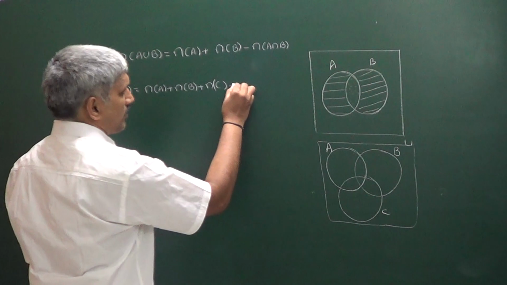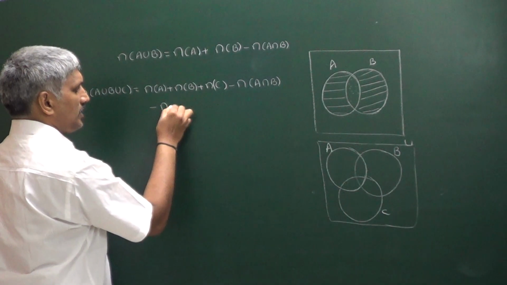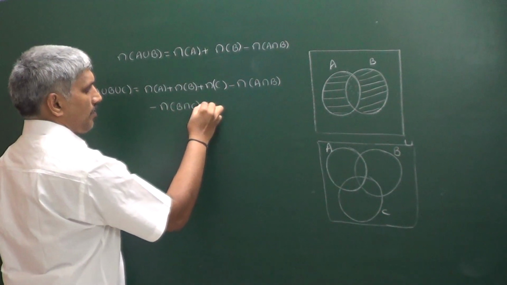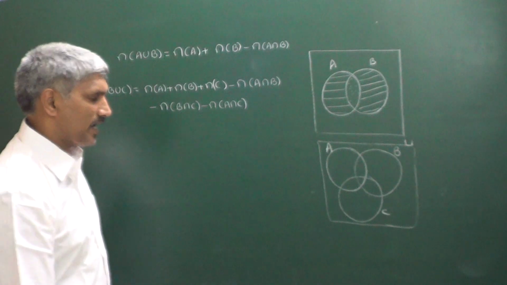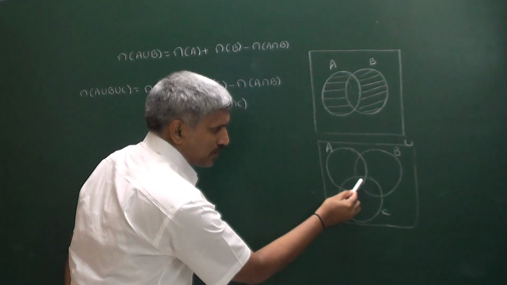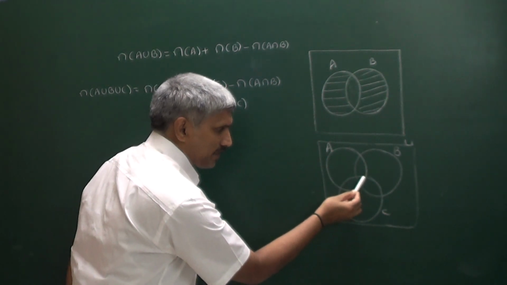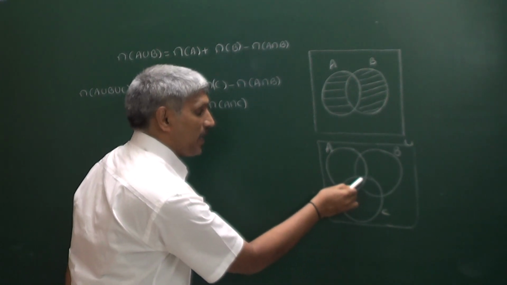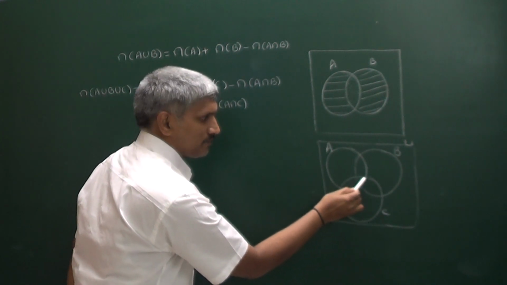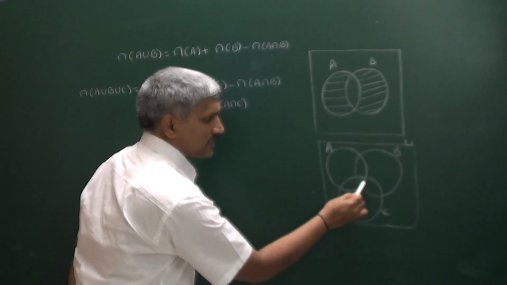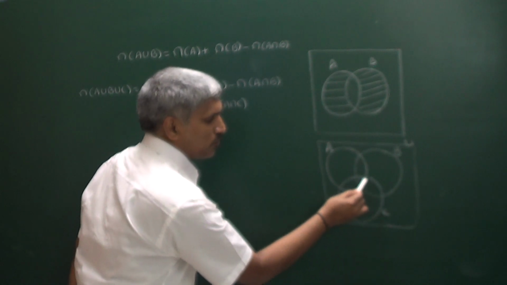So we remove the number of elements in A intersection B, minus the number of elements in B intersection C, minus the number of elements in A intersection C. We are excluding those parts, and this central part is removed each time.